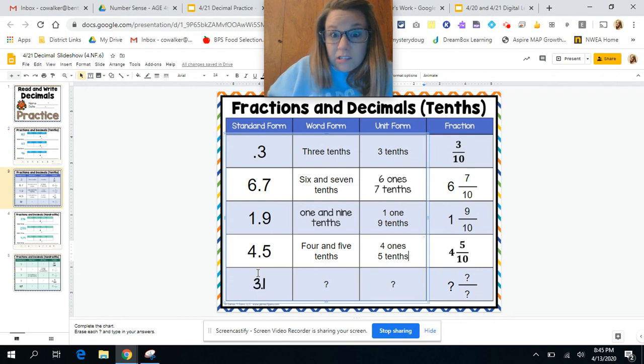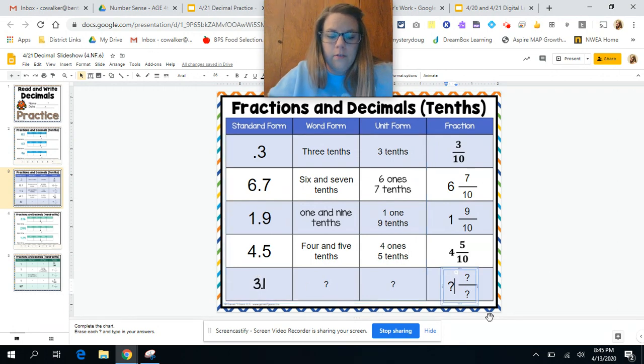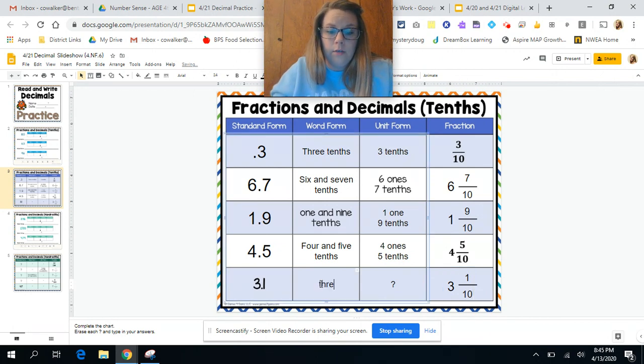So this one was trying to trick me, but it didn't work because I know that this one tells me I have 3 wholes and 1/10. So I have 3 wholes and 1 in the tenths place value. So 1/10. And that's going to be the same as in the word form. So 3 and 1/10.